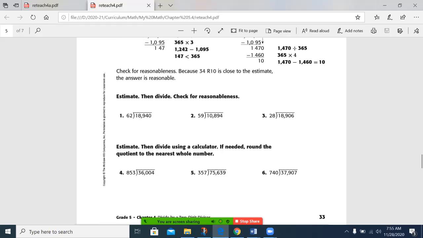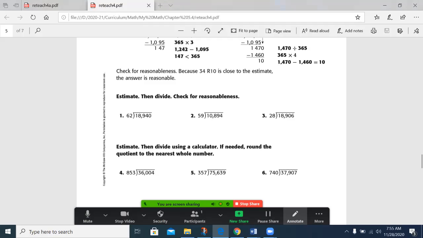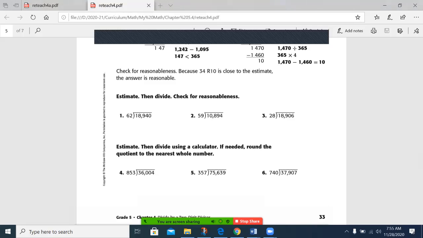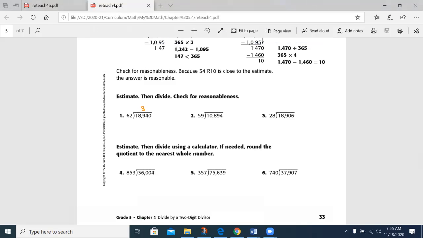62 does not go into 1 because it's a 2-digit number into a 1. It won't go into 18 because it's larger. So we're going to go into 189. I need my annotation tool. And this is close to 60, and 6 goes into 18 3 times. So let's try it. 3. 3 times 2 is 6. 3 times 6 is 18.